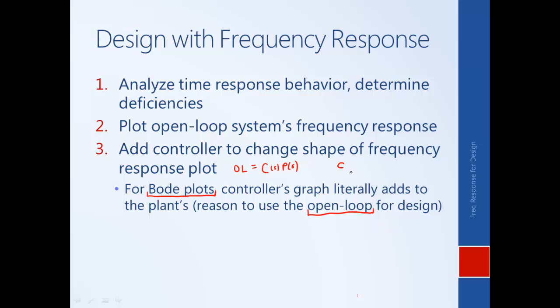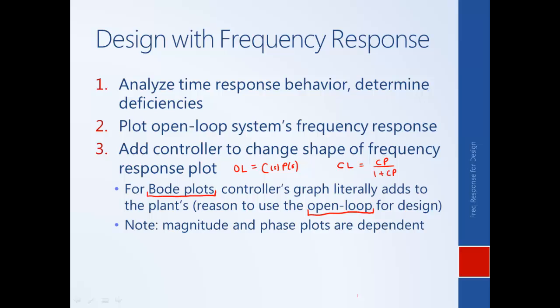Furthermore, if we used a closed loop system, which perhaps has a transfer function something like this, the addition of a controller wouldn't just add to the Bode plot of the plant. You don't get that nice linear relationship. So employing Bode plots with the open loop frequency response is a very natural and easy way to design controllers.